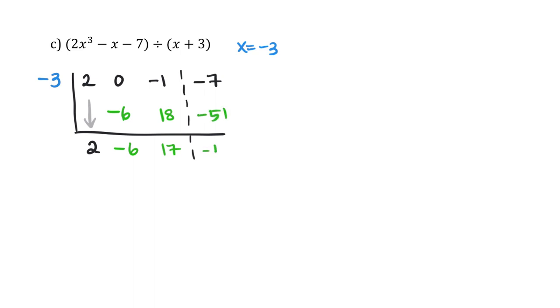Add down, negative 58. There's my remainder. These are the coefficients of my polynomial, so constant, x, x squared. So 2x squared, negative 6x, 17, my remainder is negative 58, and I was dividing by x plus 3.